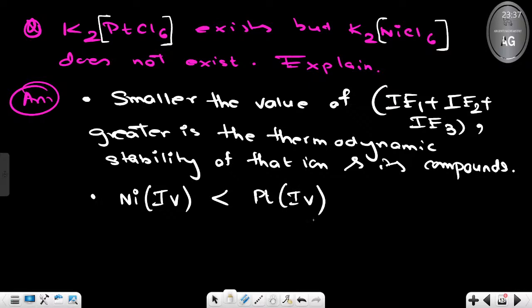That is why Pt4+ compounds are thermodynamically more stable than Ni4+. Okay? Okay, next.